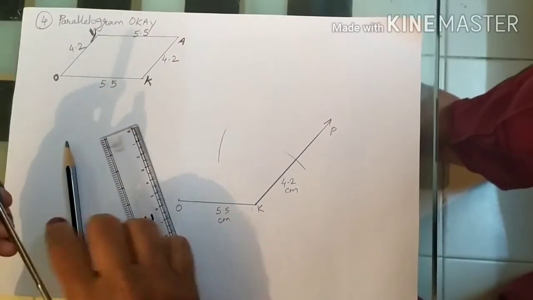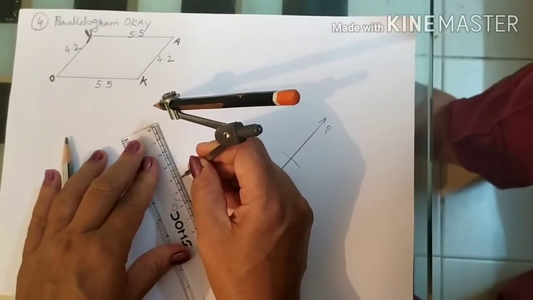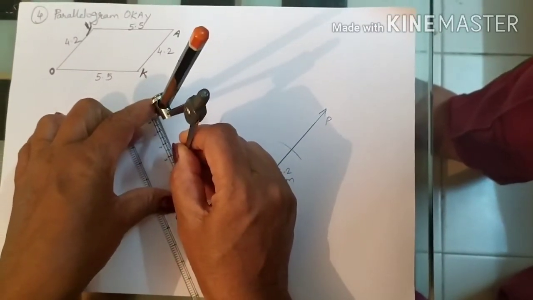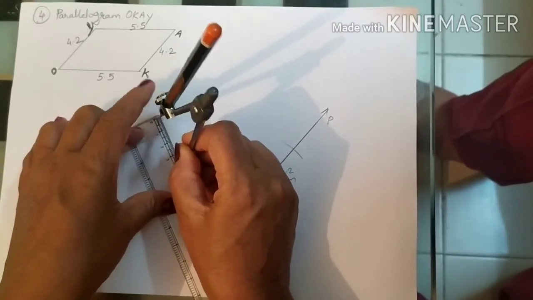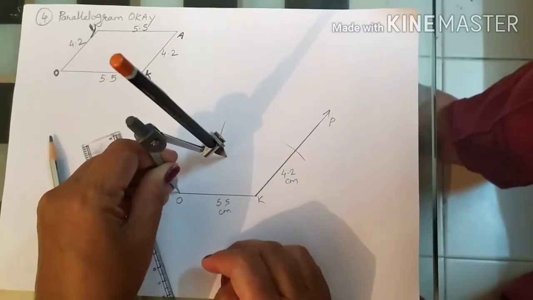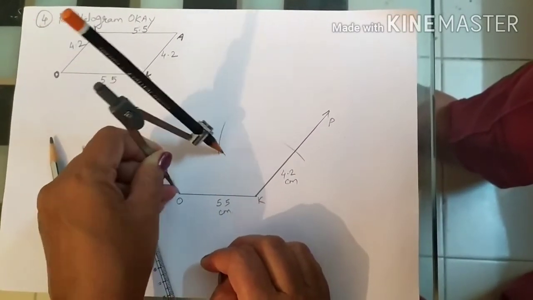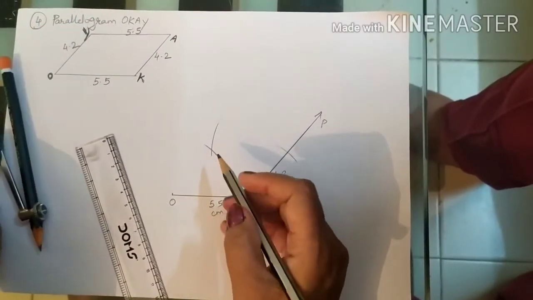So from point O take the measurement of 4.2 centimeters and mark the arc which will cut the previous arc. So this point will be the fourth point Y.